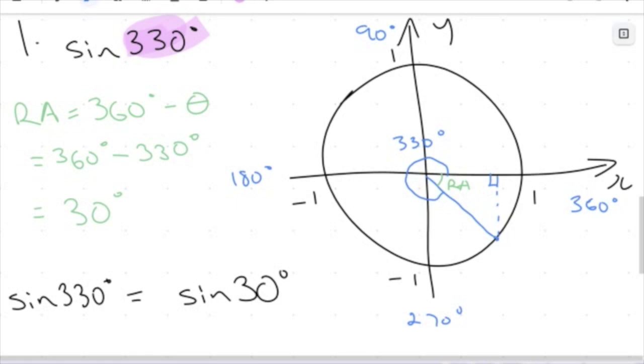Now remember, my sine corresponded to my y value. We talked about this a bit before. So in the fourth quadrant, I'm underneath the origin here. So here my sine is negative.